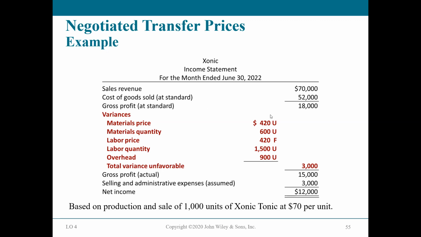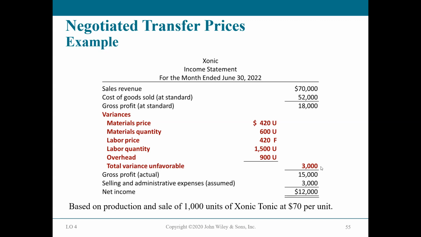And then we can pull in all the variances. They had a materials price variance, quantity variance, labor quantity, overhead variance, and you see unfavorable versus favorable. So total variance unfavorable is 3,000. So therefore, the cost of goods sold were actually greater by an additional 3,000, but we've identified it separately.